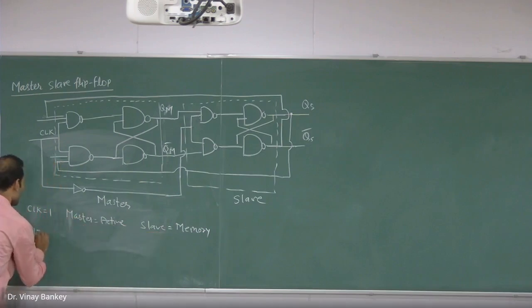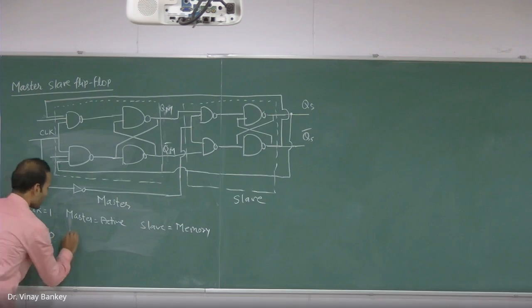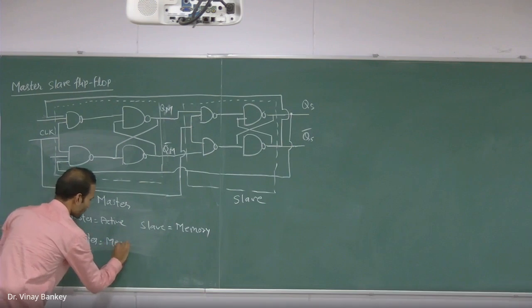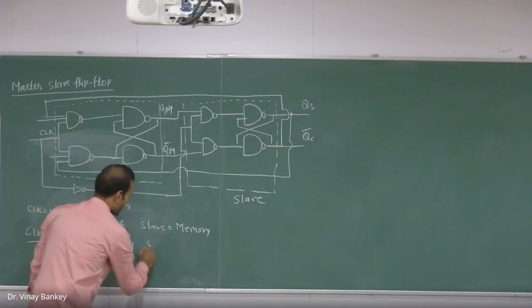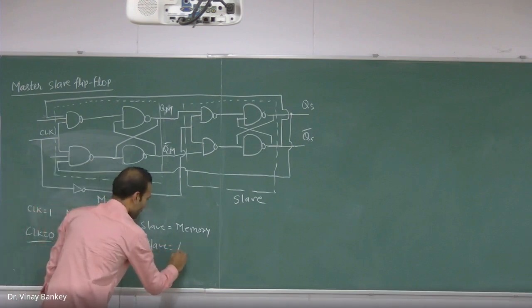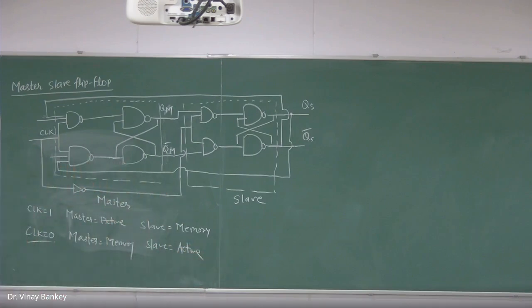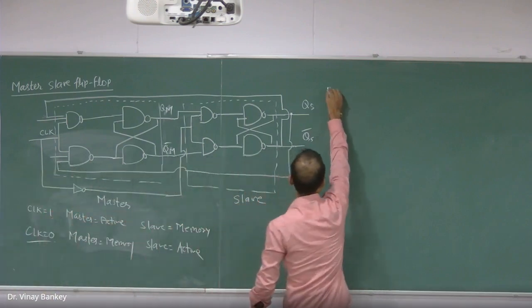And whenever there is a clock 0, this master will be in memory state and the slave will be active. Correct. Now we'll see the working of this.